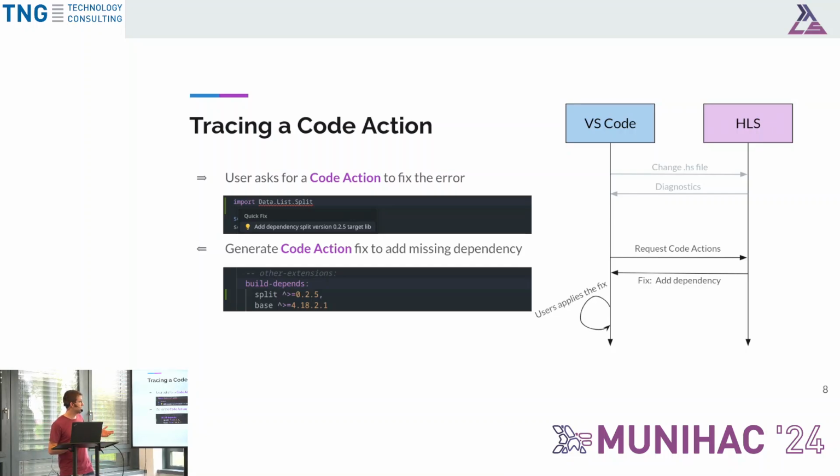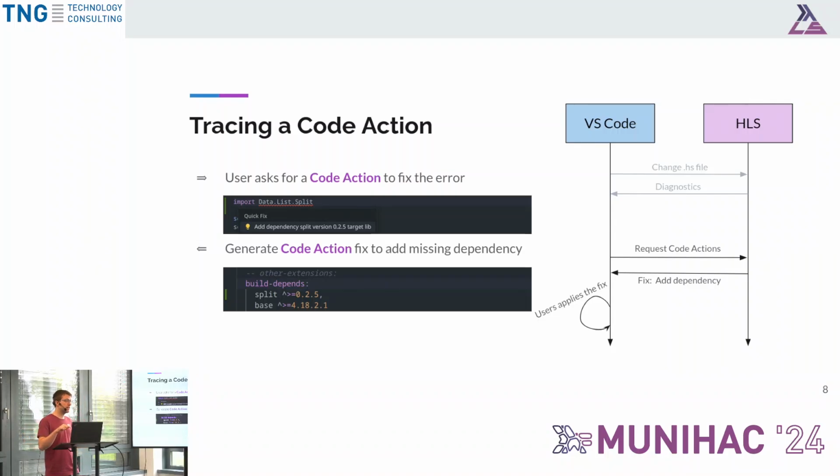In this very particular instance, it can figure out, I don't know what this input is, but I do know a package that exposes this module. And then the user gets a list of potential code fixes. In this case, this list is very small. It's exactly one element. Good enough, I would say. Then the user can choose to accept this quick fix, this code action fix.